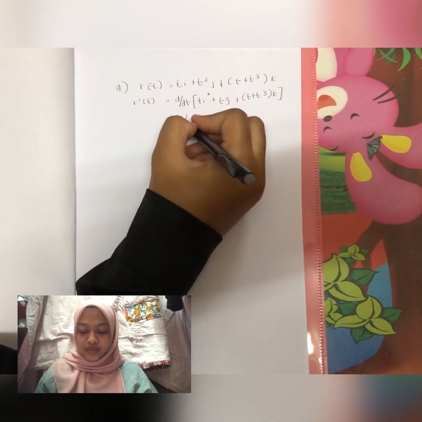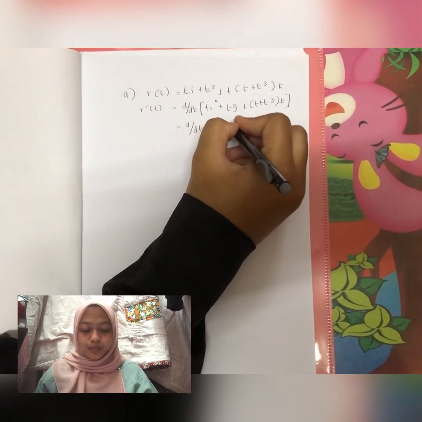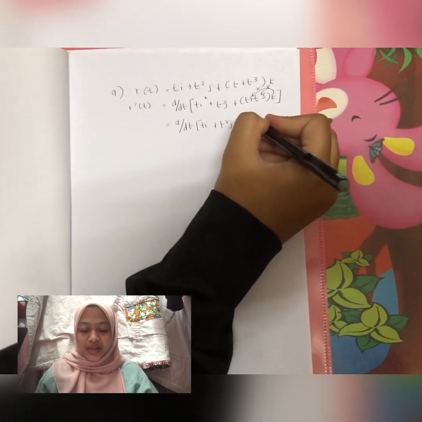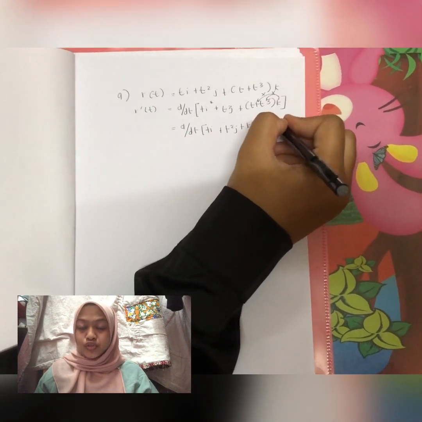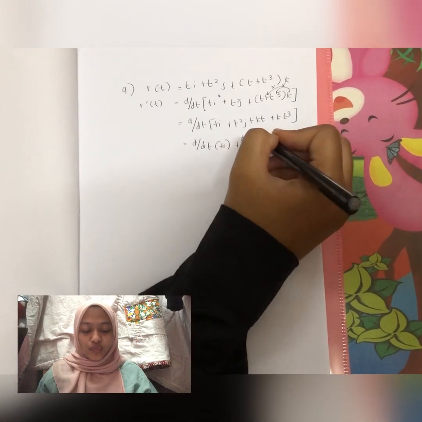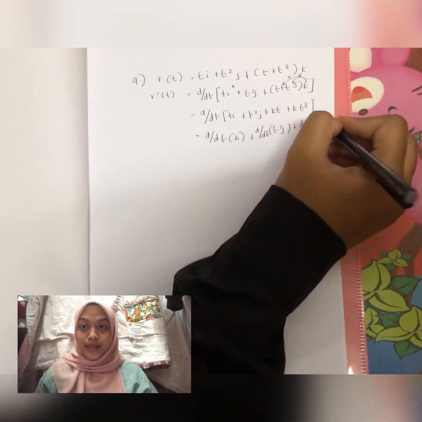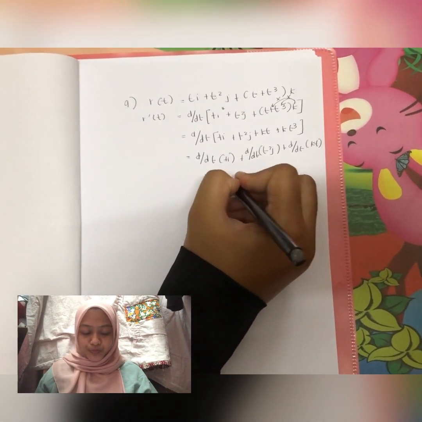Then we need to simplify the expression. It will be d over dt of ti, plus d over dt of t squared j, plus d over dt of t, plus d over dt of t cubed k.